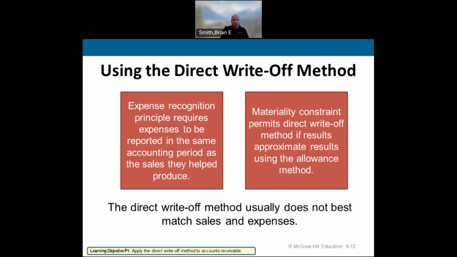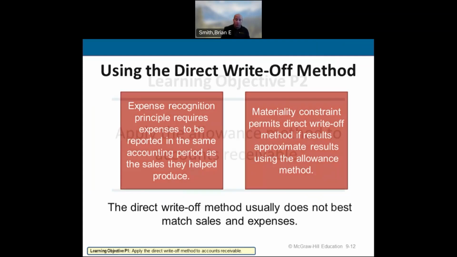If it's yearly, maybe you have a shot. But if the transaction occurred sometime late in the year, good chance that write-off would take place in the year later on. So we have to expense our write-off of that account in the accounting period we think we used to create it.